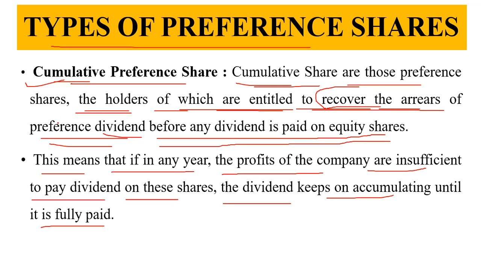In that case the cumulative preference shareholders will get the arrears, the pending dividend, in any of the following years when there is a profit, and they can get the dividend of the last year also. Only the cumulative preference shareholders get this right to get the pending dividend.